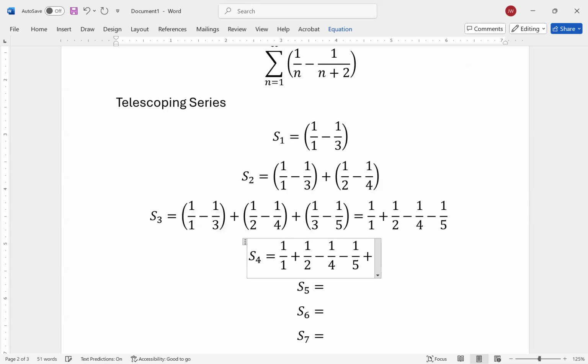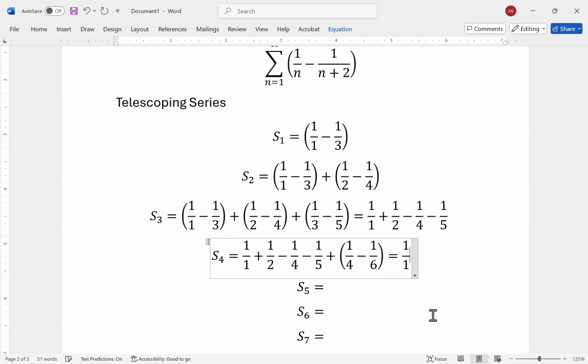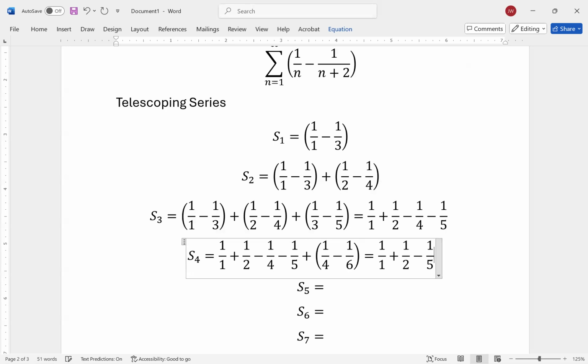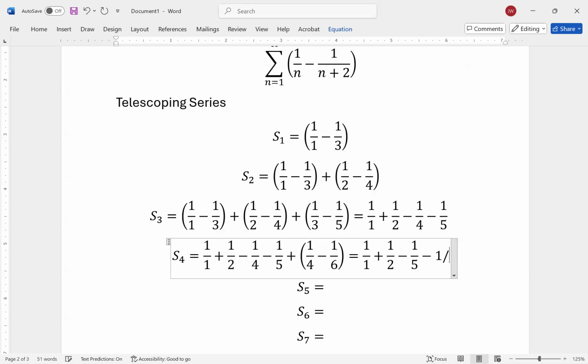And then we'll add a fourth term, which is going to be 1/4 minus 1/6. Notice this positive 1/4 is going to cancel out with this negative 1/4. And so I'm going to get 1 over 1 plus 1/2 minus a fifth minus a sixth.